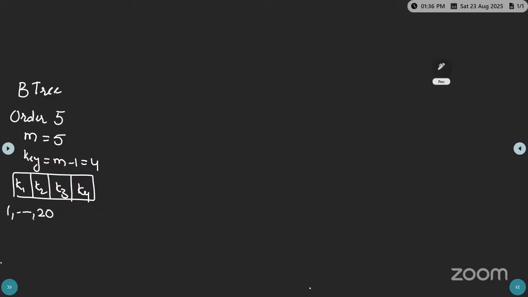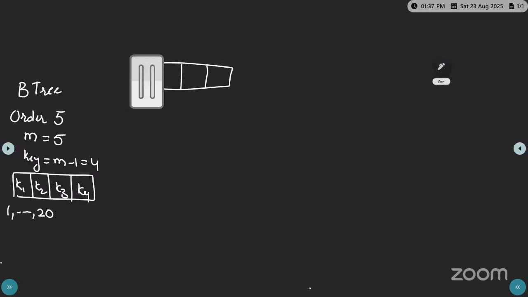So first step, how does the key look like? This is your node. Yes, correct? And now, first, how many values can we insert from 1 to 20? First, you can insert 1 and 2.